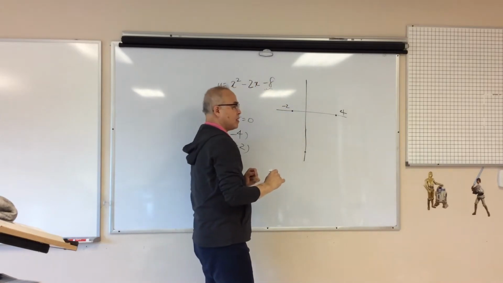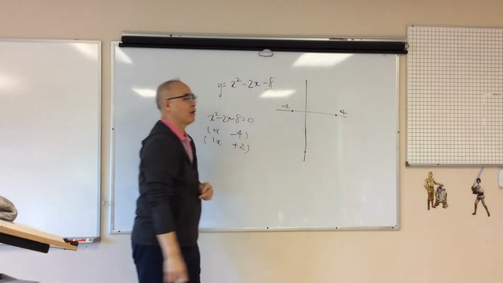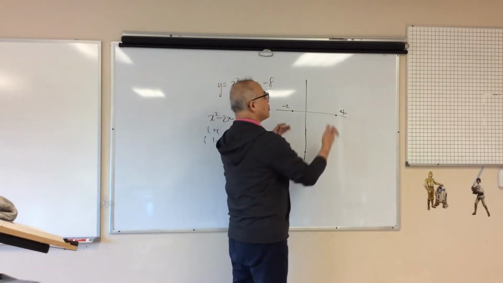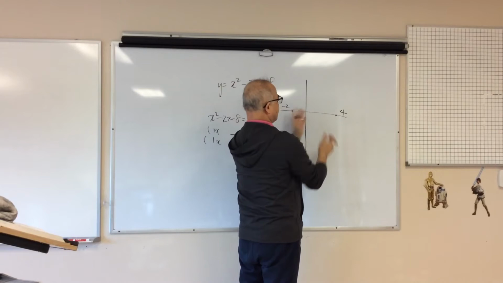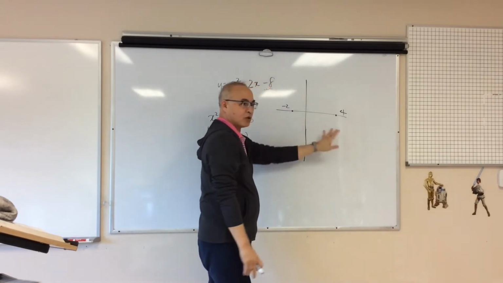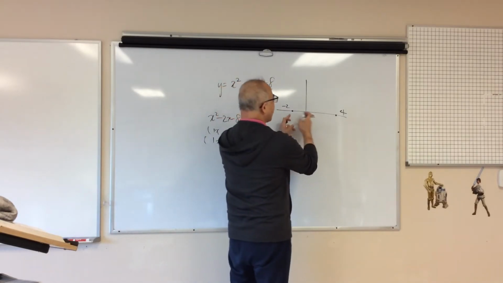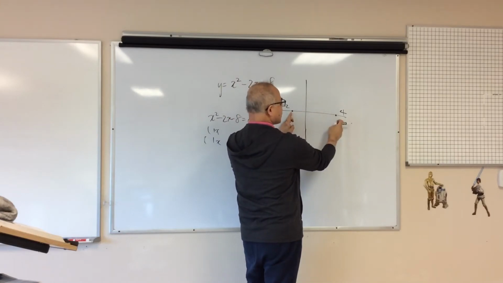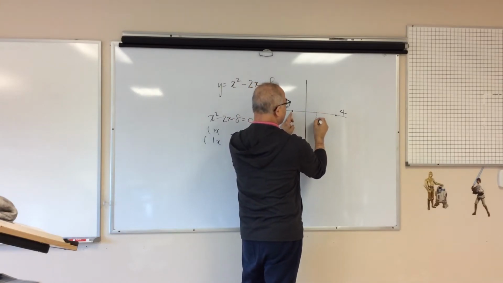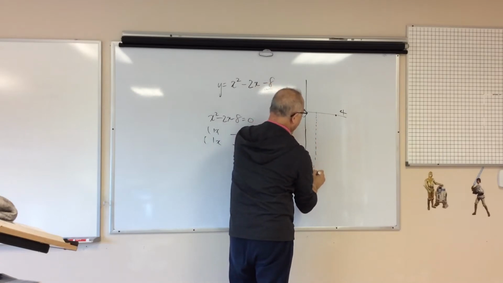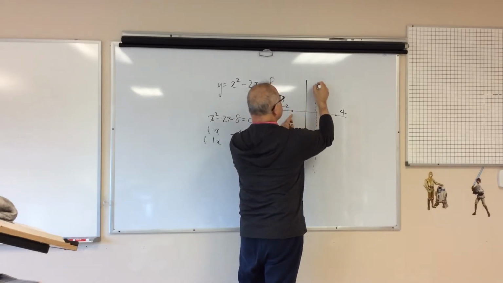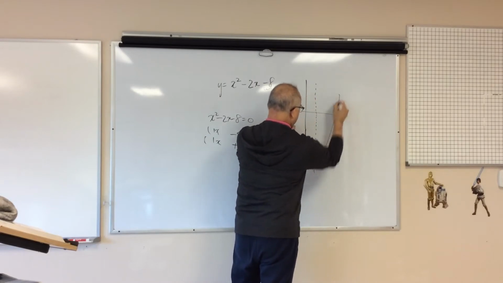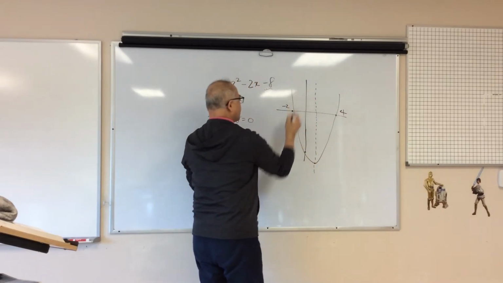So where would the axis of symmetry be? The axis of symmetry is where the two points are symmetrical across each other. So it has to be right in between. This is negative 2, this is 4, so it's going to be 1. So this would be the axis of symmetry. Your point's going to be down here. It's going to go up like that.